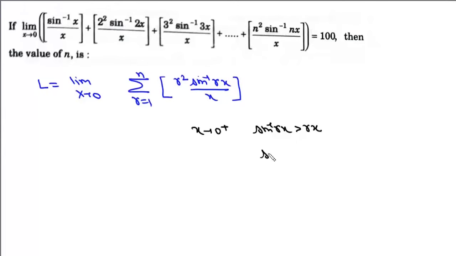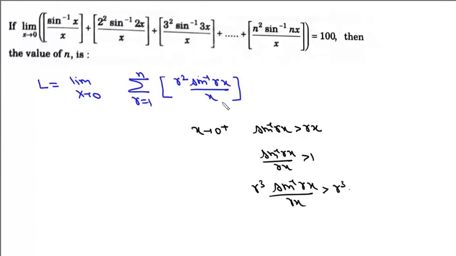So basically sin inverse rx upon rx will be greater than 1, and if we multiply r cube, then we can write r cube sin inverse rx upon rx will be greater than r cube. So this value is r cube plus h.